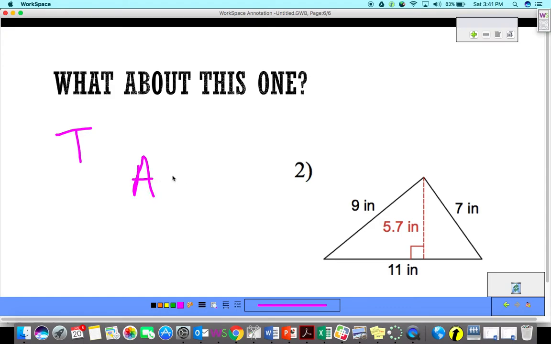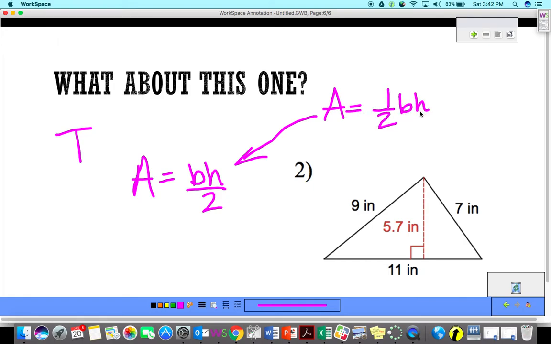The formula on my reference sheet says 1/2 base times height. I know that what that really means I'm doing is base times height divided by 2. If you want to, you can change this to the formula on your reference sheet. Okay? This is the same as area equals 1/2 base times height.